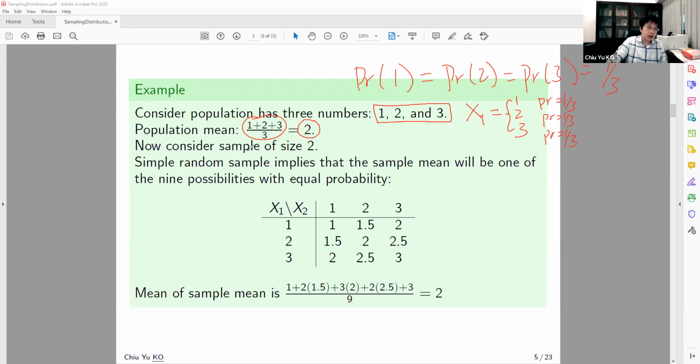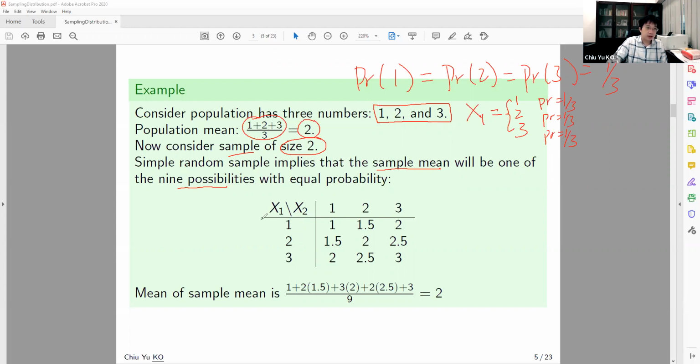Now we try a sample of size 2. With a simple random sample, the sample mean will be one of the following 9 possibilities, because each draw is equally likely.